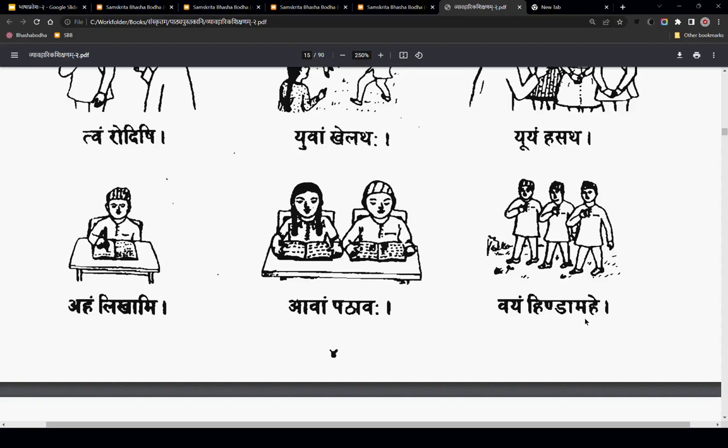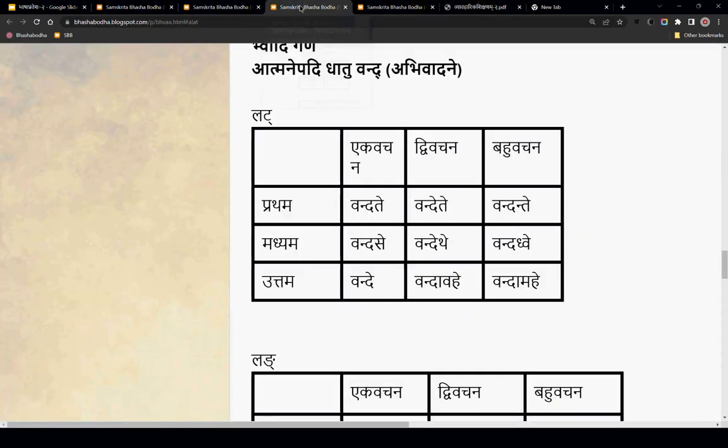So hindamahe, hind dhatu, in all the nine forms of lat lakara, what would be its forms?